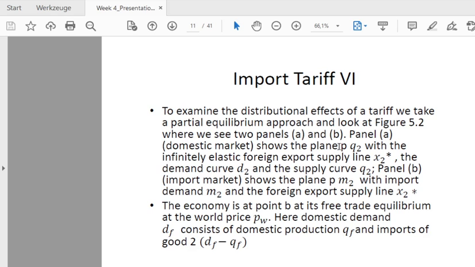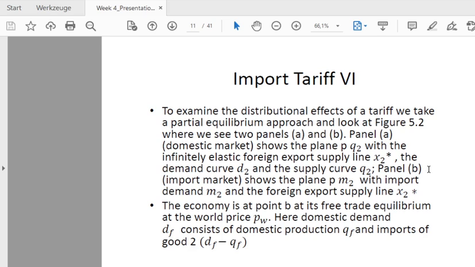It shows the plane PQ2 with the infinitely elastic foreign export supply line X2 star, which is horizontal, right? Then we also find the demand curve D2, which is negatively sloped, and the supply curve Q2, which is positively sloped.